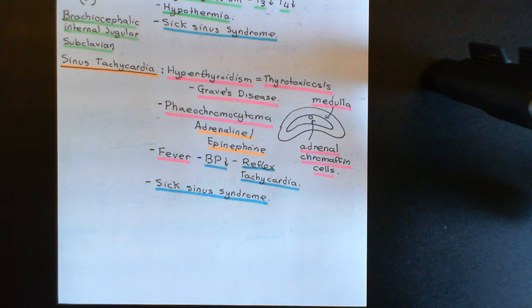So the sinoatrial node has been damaged, basically, and in sick sinus syndrome, this sick, unwell sinoatrial node can then go between causing sinus bradycardia and sinus tachycardia. So you get intermittent sinus bradycardia and intermittent sinus tachycardia. Sometimes this sick sinoatrial node might be firing action potentials at far too high a rate, causing sinus tachycardia, and at other times it might be firing action potentials at far too low a rate.